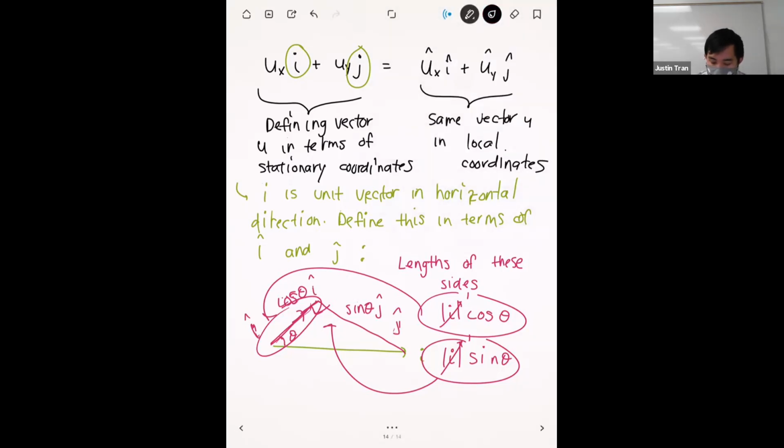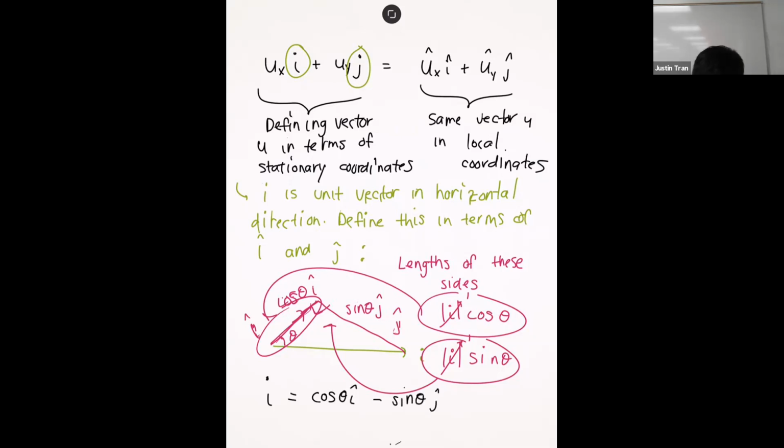What we can do now is put this together. If we define this unit vector I without the hat in terms of these two directions, I as a vector is equal to cosine theta I hat minus sine theta j hat.